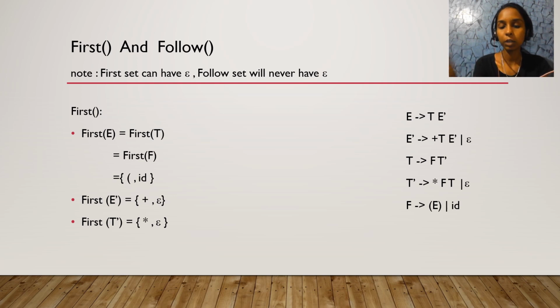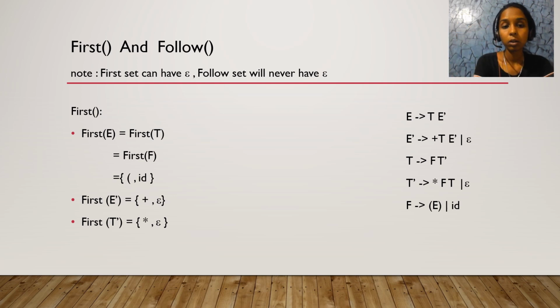T tends to F T dash, where F is the first symbol and it is a non-terminal. So again we have to consider the F production. F tends to open parenthesis E close parenthesis, so first of F will be open parenthesis.